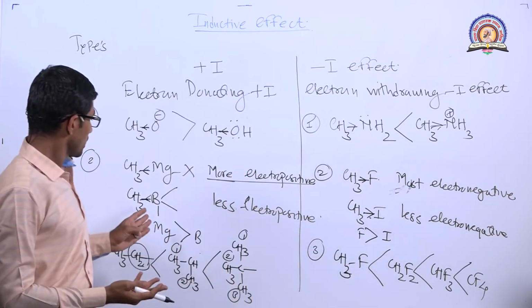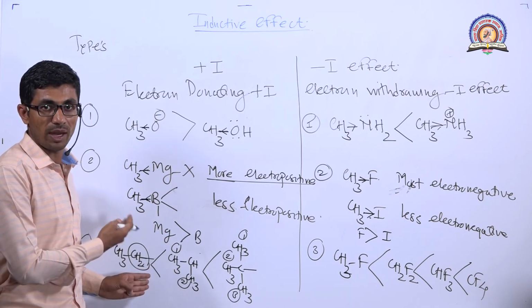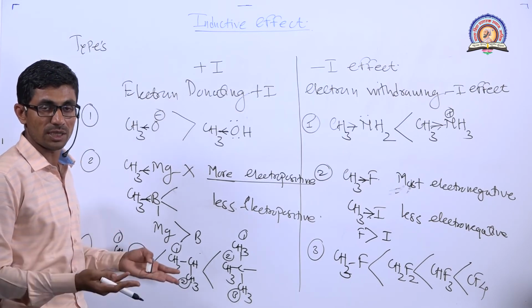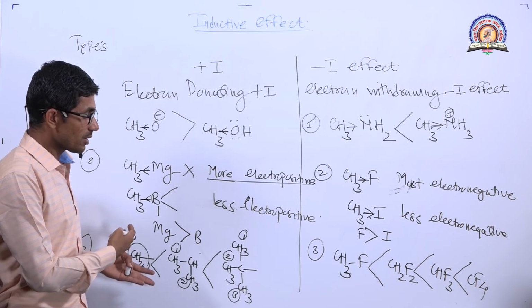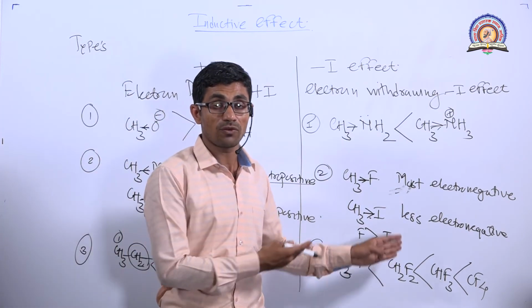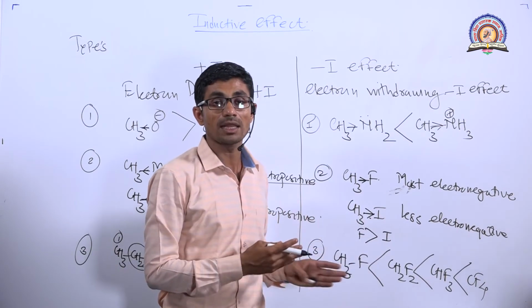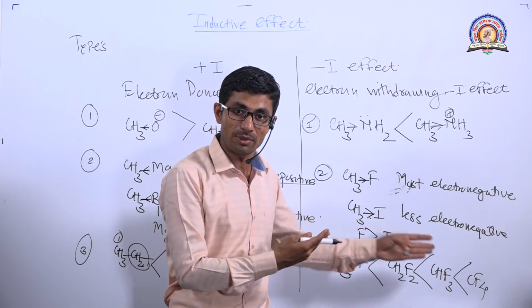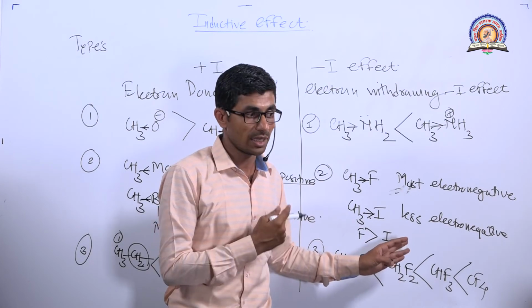The third factor is the number of alkyl groups. As the number of alkyl groups increases, the plus I effect increases. As the number of fluorine atoms, that is electronegative atoms, increases, the minus I effect increases.